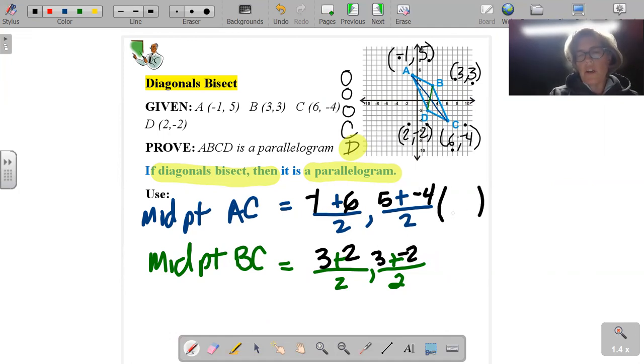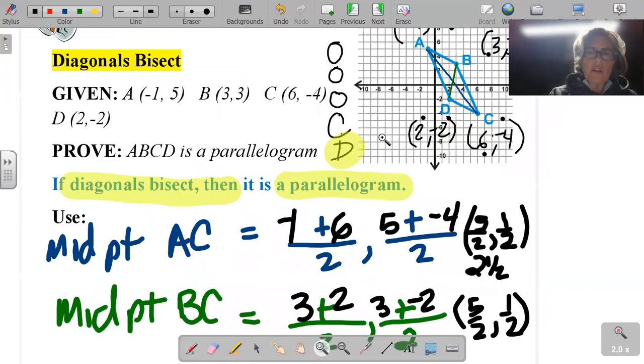My coordinate here, that's going to be 4. That's going to be 5/2. And this is 1/2. This is 5/2. And 1/2. I'm going to change the 5/2 to 2.5 so it's easier to graph.